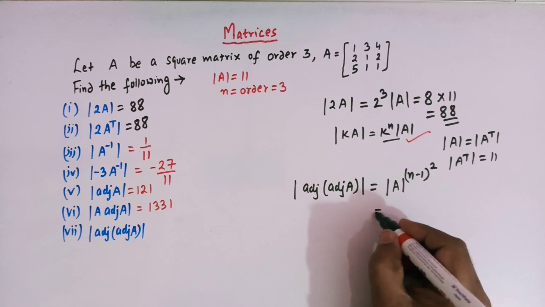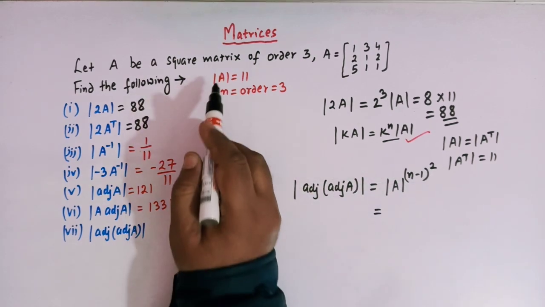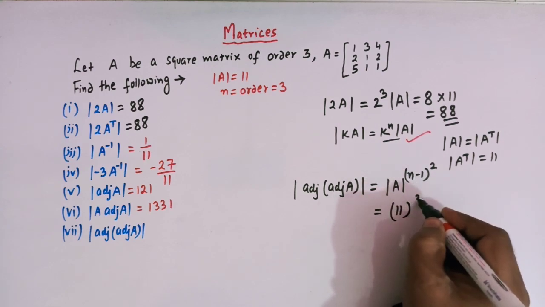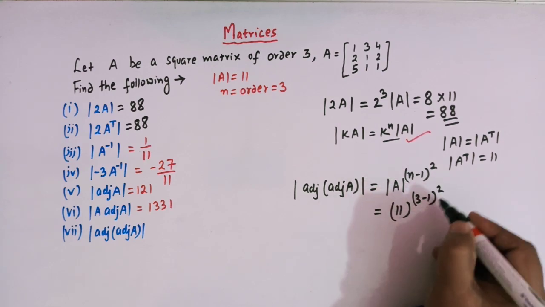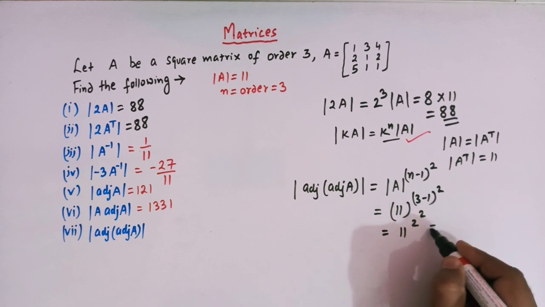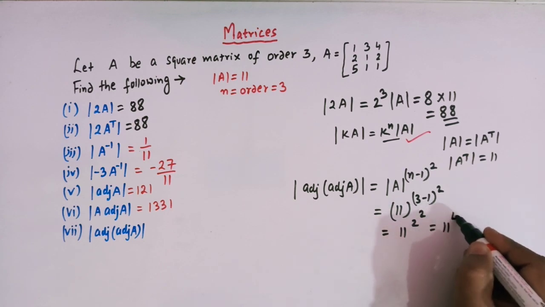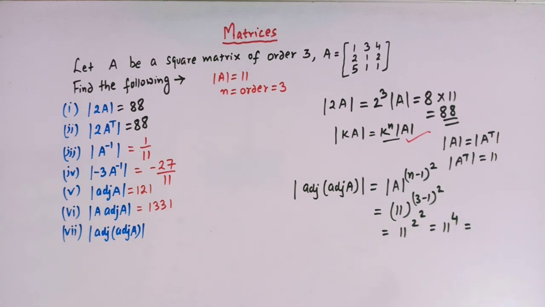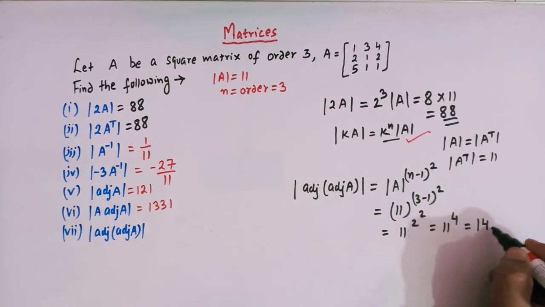Here the value of the determinant of A is 11, and we have 3 minus 1 squared, so we have 11 raised to 3 minus 1 is 2, so this is 2 square, so we have 11 raised to 4. 2 square is 4, and if we calculate the value of 11 raised to 4, this is given by 14641.